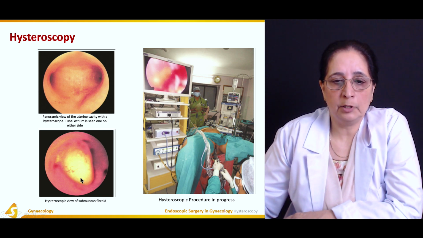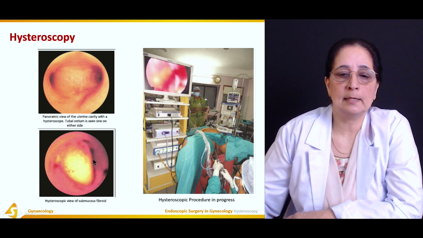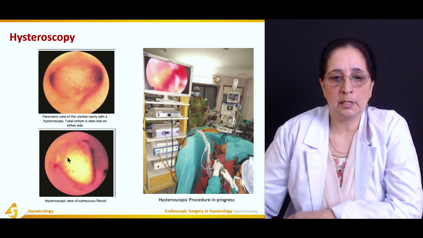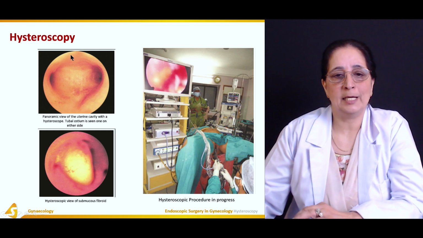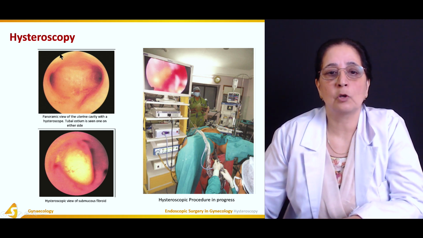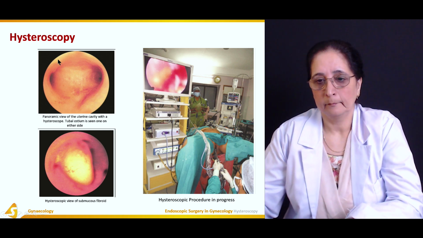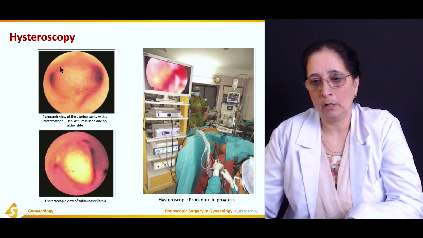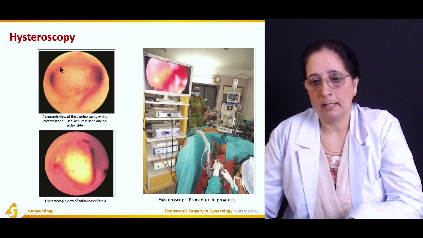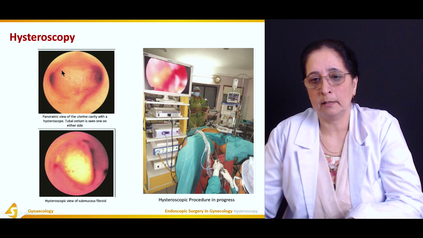If a submucous fibroid is present inside the uterus, it appears like this. So these are two pictures obtained by hysteroscopy. This is the patient lying on the back, and the hysteroscope is inserted inside, and it can be viewed here.